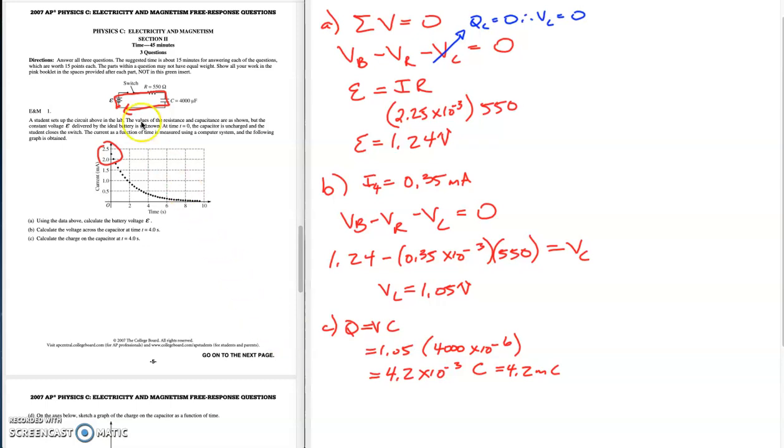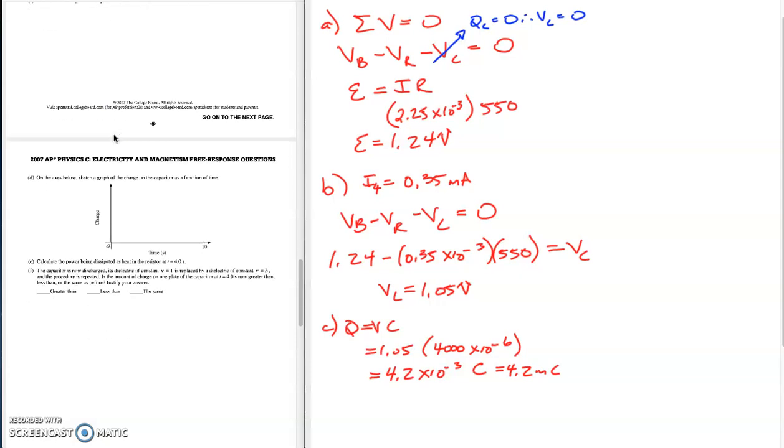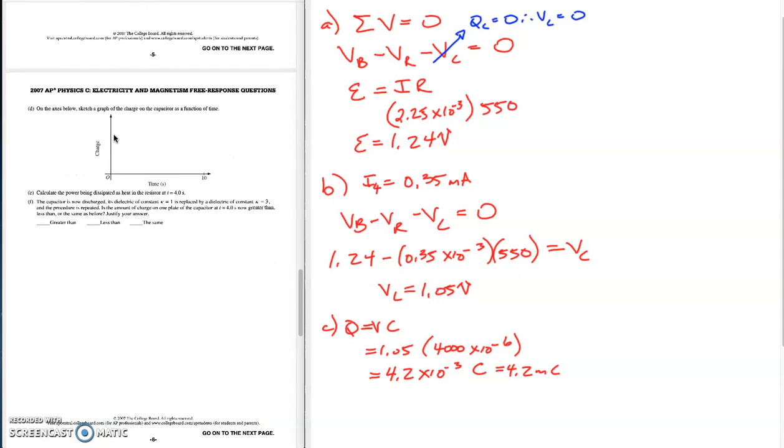All right, I'm going to have to clear out some things here and scroll down to parts D, E, and F. All right, for part D, sketch a graph of the charge. Well, the capacitor is charging up from uncharged. Now, they told us that it was uncharged, so we're going to start at 0.